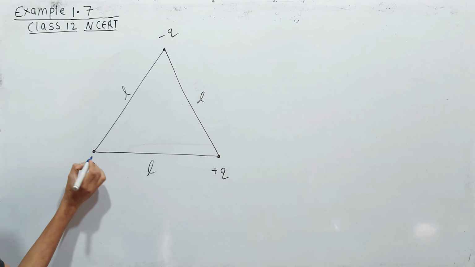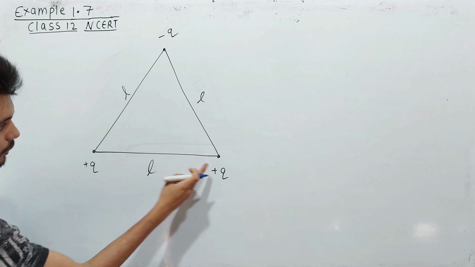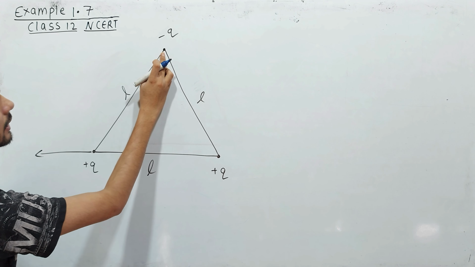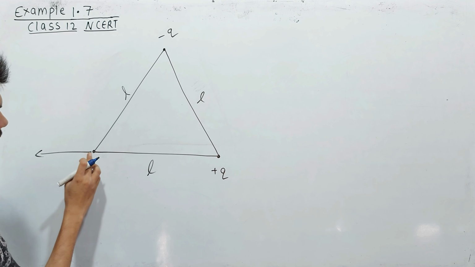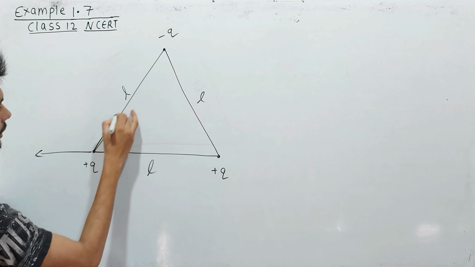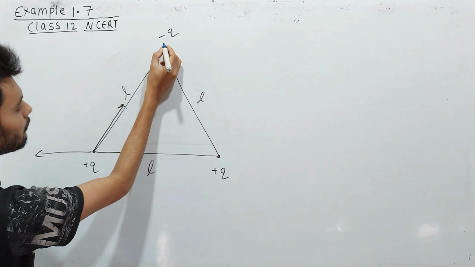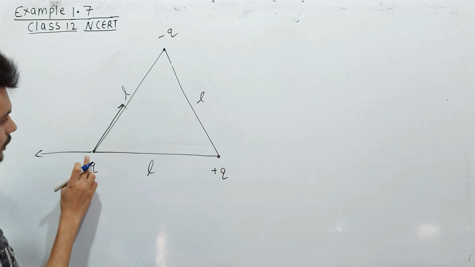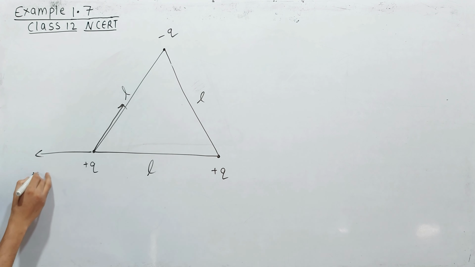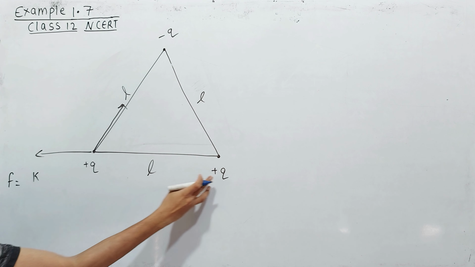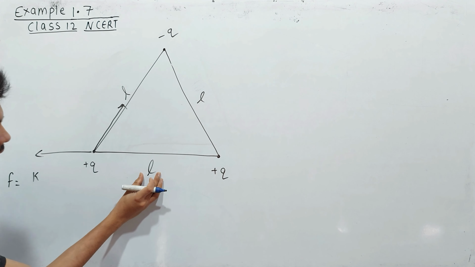Now the electric force on this charge due to this charge will be towards this direction, and due to the negative charge it will attract this charge towards this direction, along this. The electric force due to this charge will be F = K Q1 Q2 / L squared.